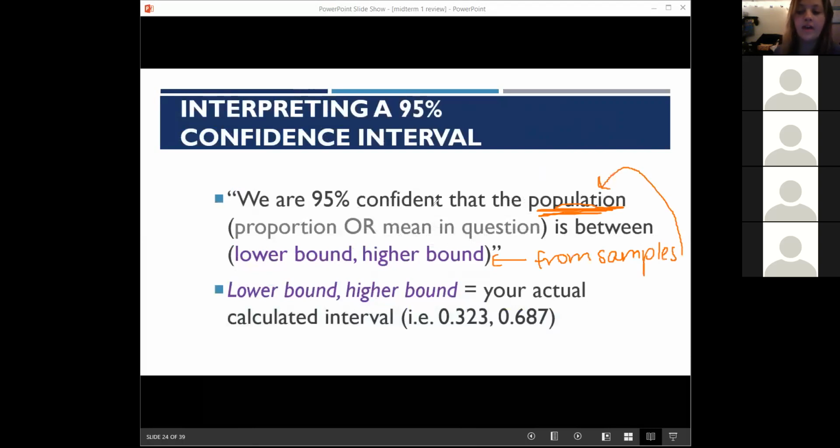So we're 95% confident that the population proportion, which would be for categorical variables, or mean, which would be for quantitative variables, in question is between our lower and upper bound. That's how you're able to make this interpretation about that confidence interval that you just got here. And that's just an example of lower bound and upper bound here. Higher bound, whatever.